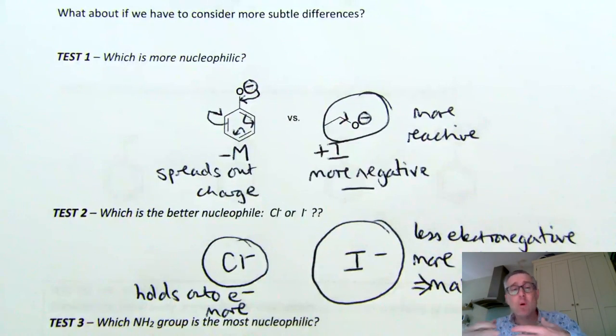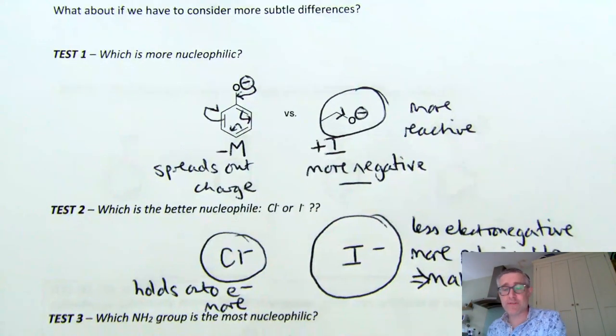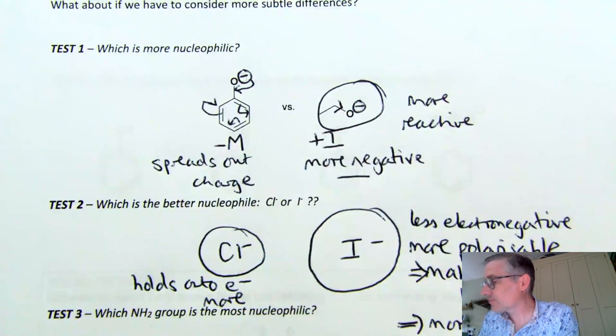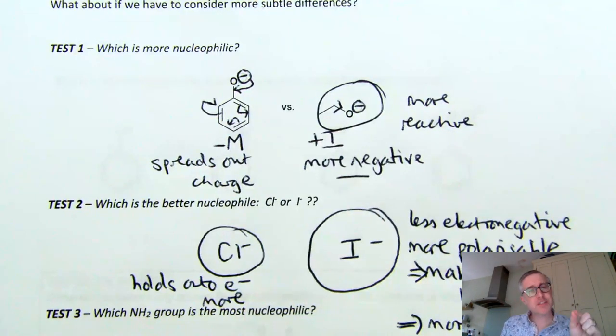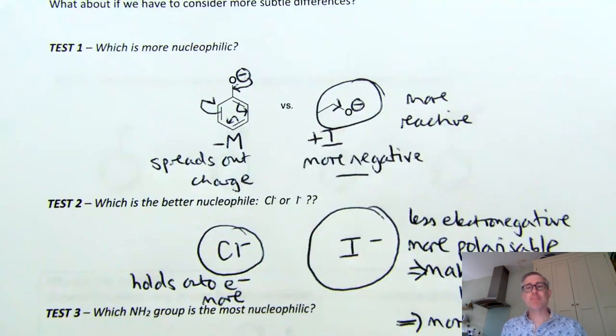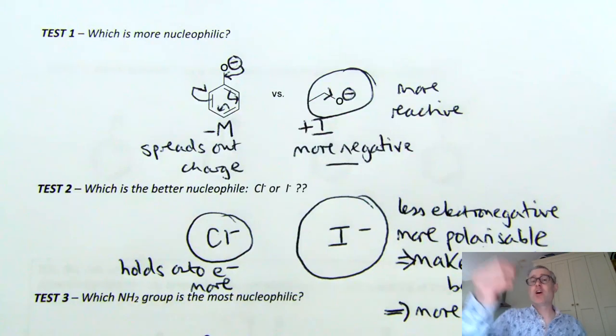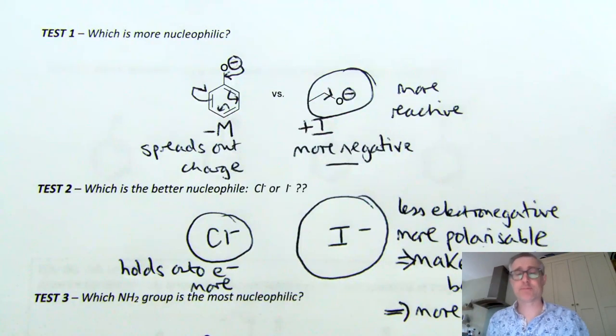It can give away its negative charge more effectively, and that makes it more reactive. So perhaps a surprising outcome there. So it's about having that build-up of negative charge ready to go, but not holding it on too much because of your electronegativity. You've got to be prepared to share the negative charge that you've got with the thing you're going to react with.